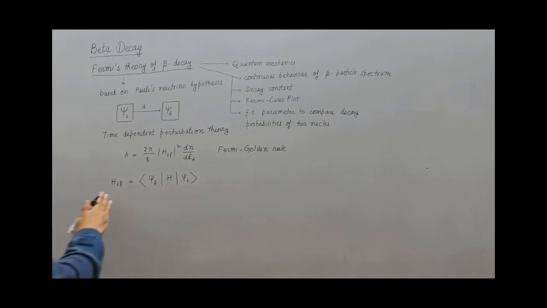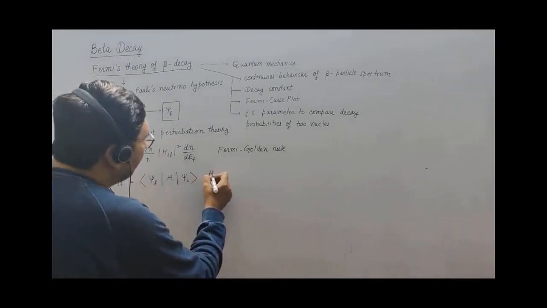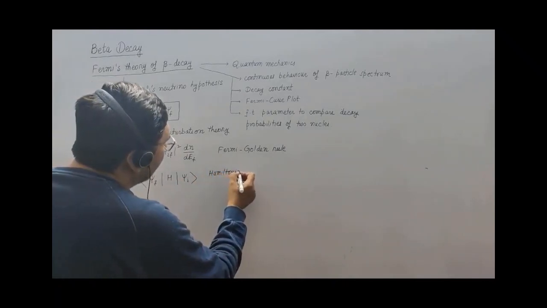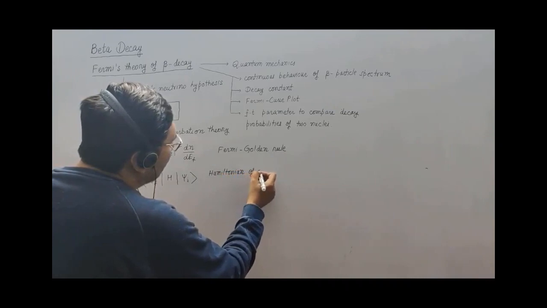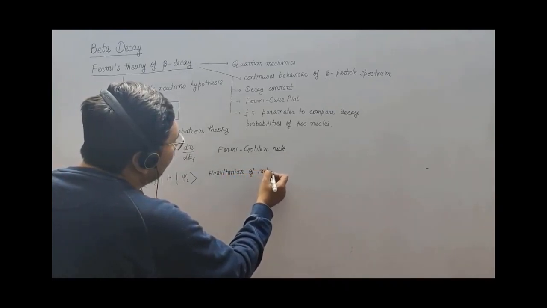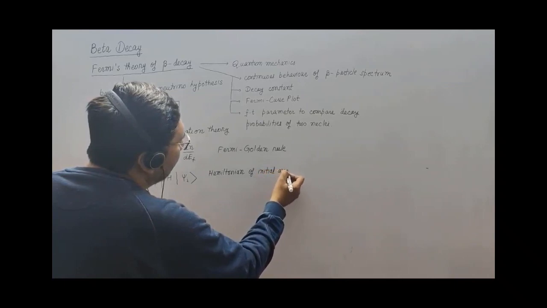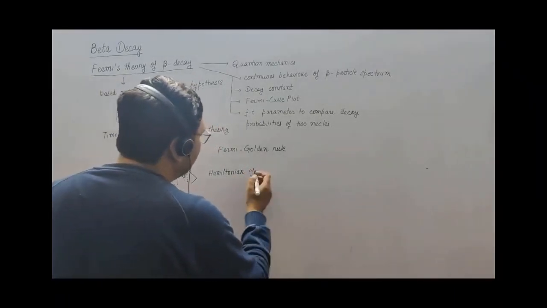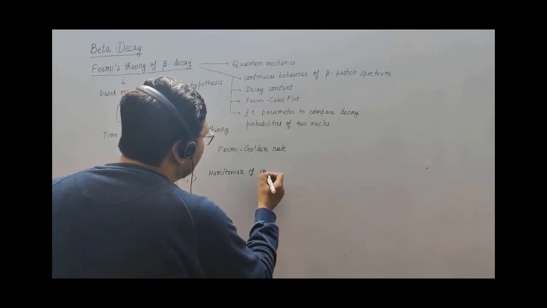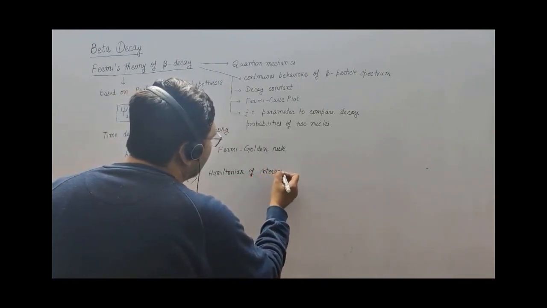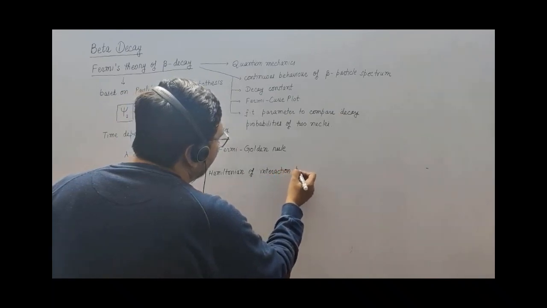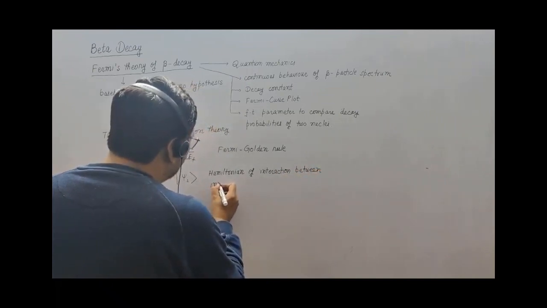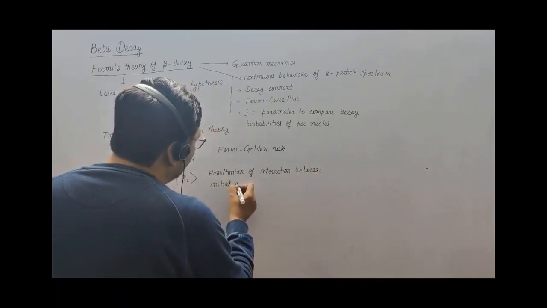So this HIF represents the Hamiltonian of initial and final state, the Hamiltonian of interaction between initial and final state.